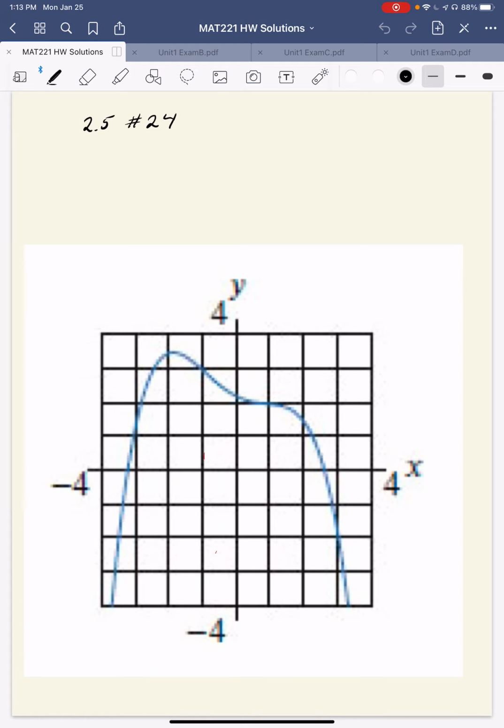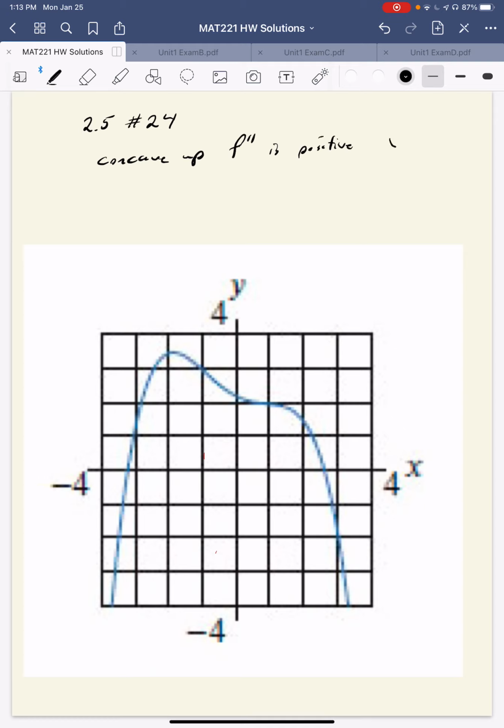And so we know that if our original function is concave up, then the second derivative is positive.